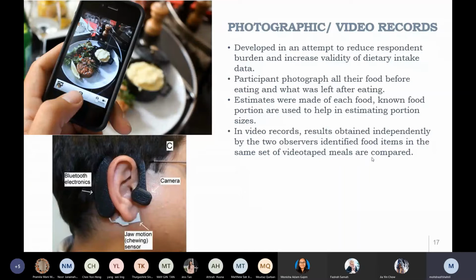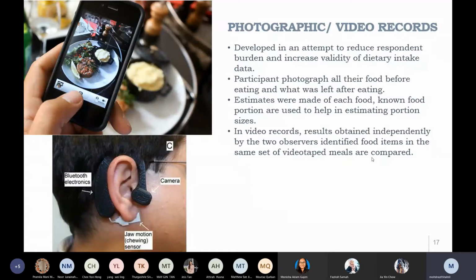And when using video records, results obtained independently by two observers identifying food items in the same set of videotapes are compared. Usually when we record using videos, sometimes the researcher tends to miss some of the components.